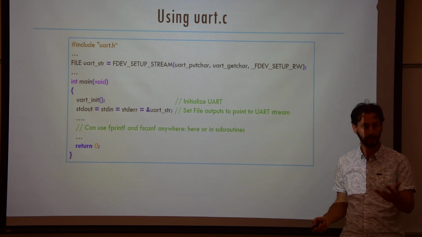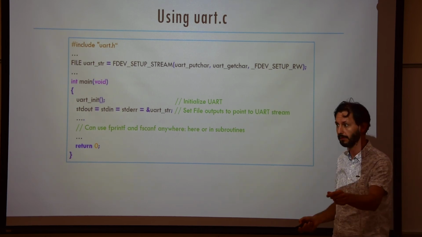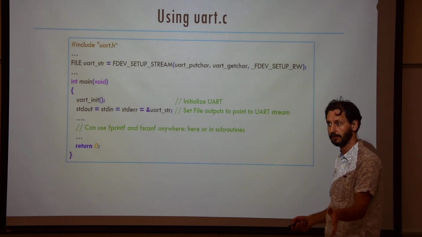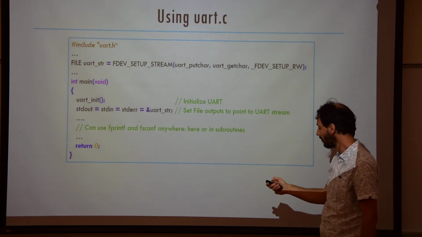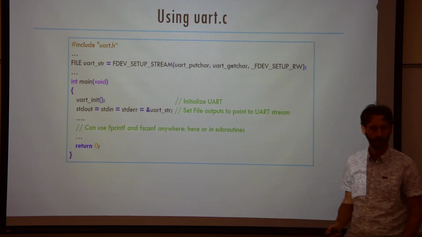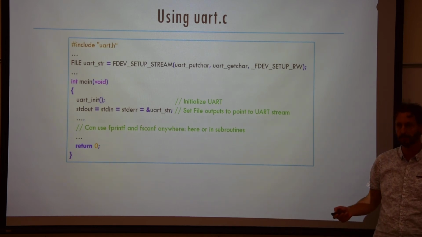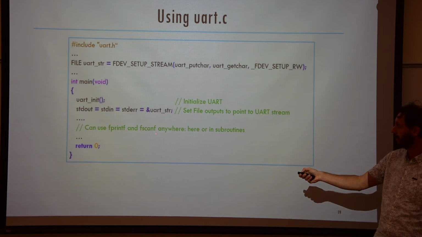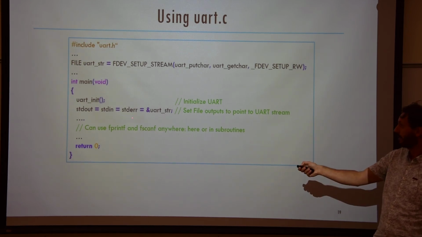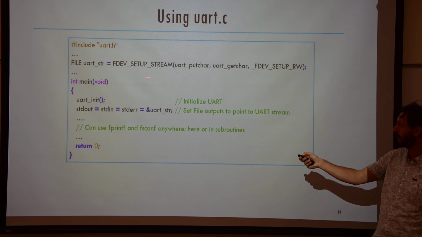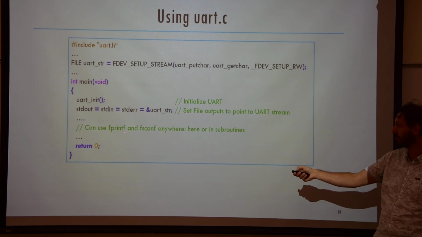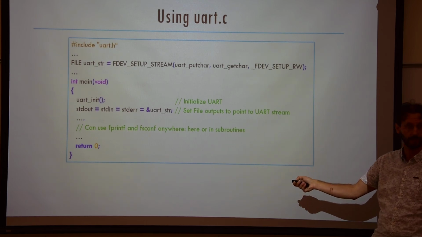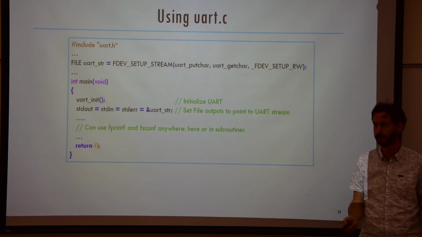It's putting the character to the transmit buffer on the UART line. So now it's being transmitted like that. So now you don't have to write your own functionality that says I need to write whole strings. So it's a shortcut. You're reusing libraries from elsewhere. So now with this UART.c and this initialization and these lines, you don't have to do anything. You can just use fprintf and fscanf everywhere, and everything seems to be perfectly fine.